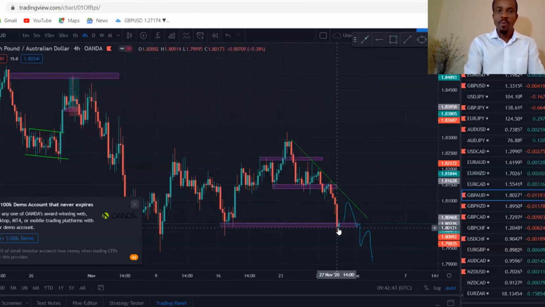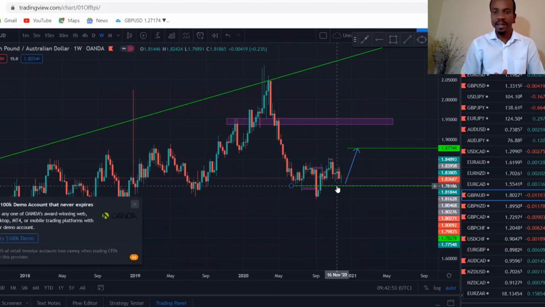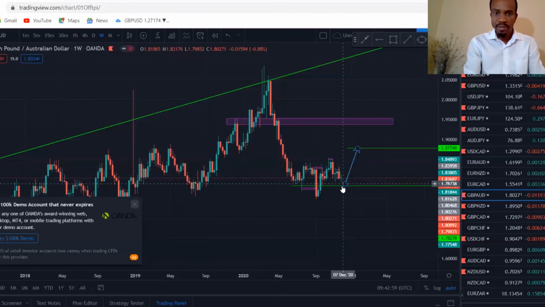On a weekly, our target from this area, 1.78190, 1.78186, will be taking a sell from here. So to this area, our target will be taking a buy, not a sell.